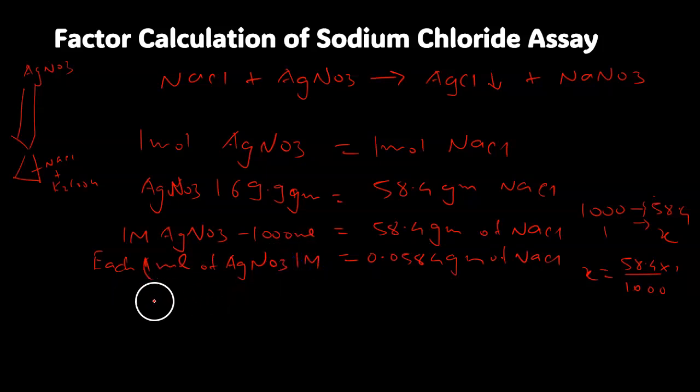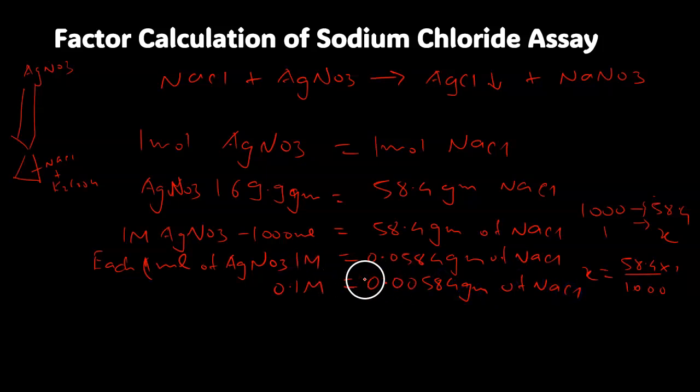But now, as per the assay, we have to calculate it for 0.1 molar. Again you can do a cross multiplication. If 1 molar is giving this much, how much will it give for 0.1 molar? Very simple: shift this decimal by 1 place. Here I will write 0.1 molar instead of 1. So I will shift this decimal, and I will write one more 0 in between, for 58.4 gram of sodium chloride.